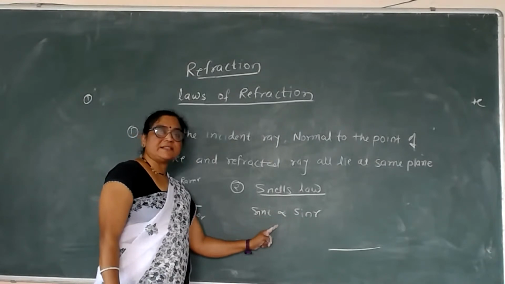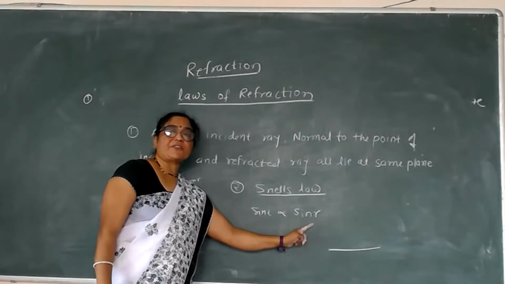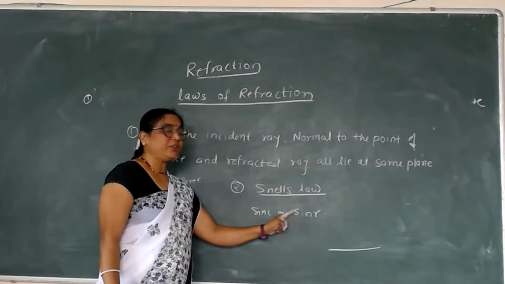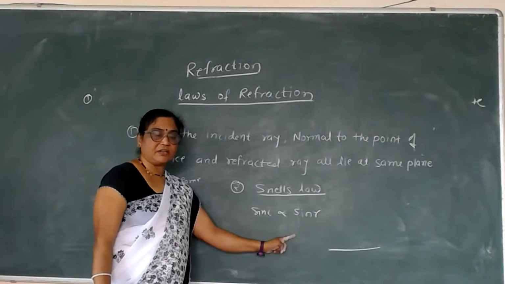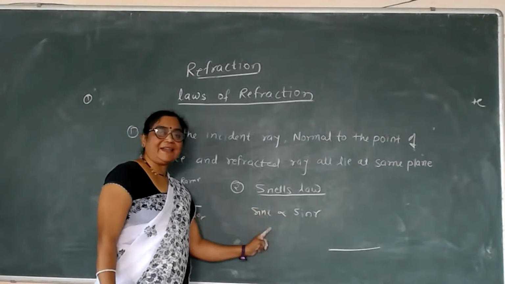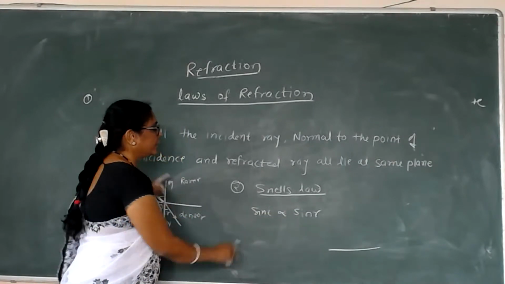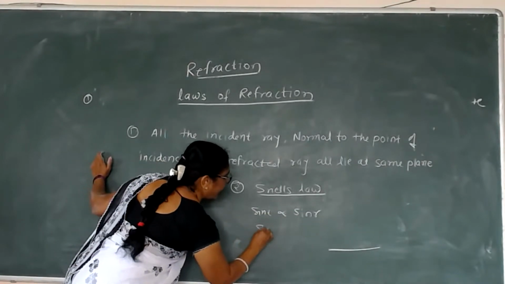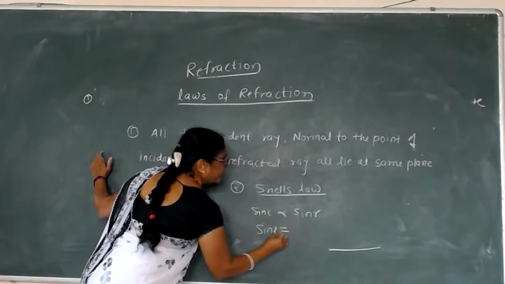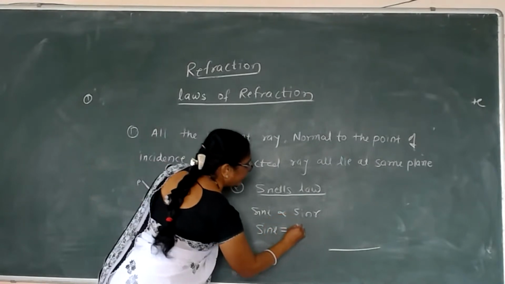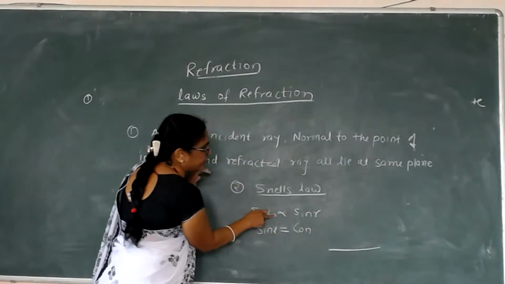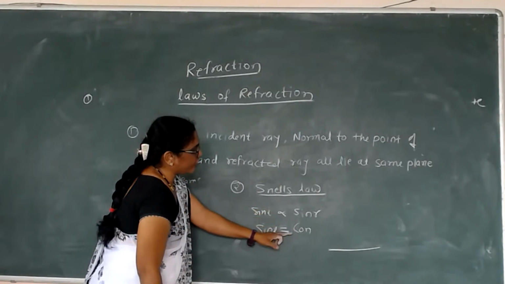This means when the angle of incidence changes, the angle of refraction also changes, and both are directly proportional to each other. So sine I is directly proportional to sine R, and therefore sine I is equal to a constant. If we remove the proportionality sign, we take a constant here.